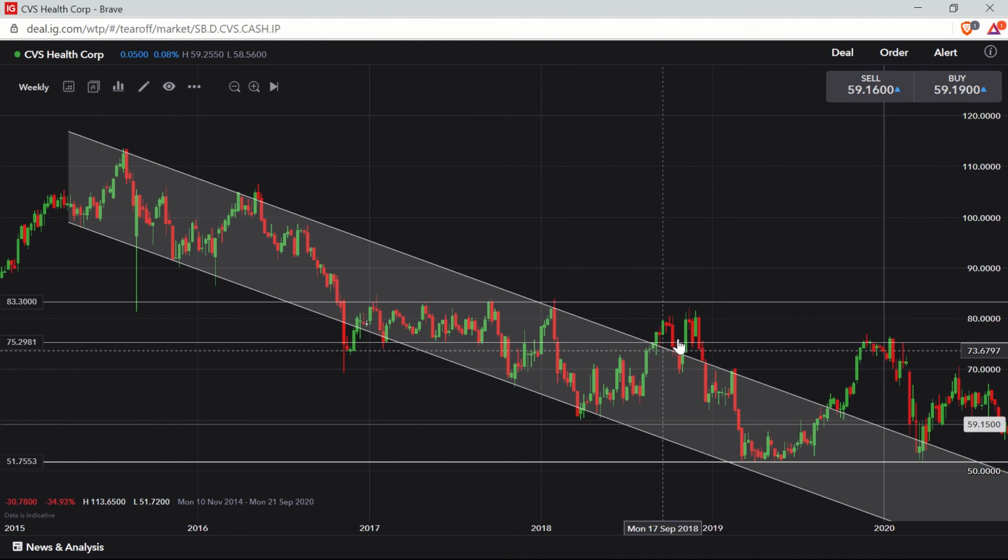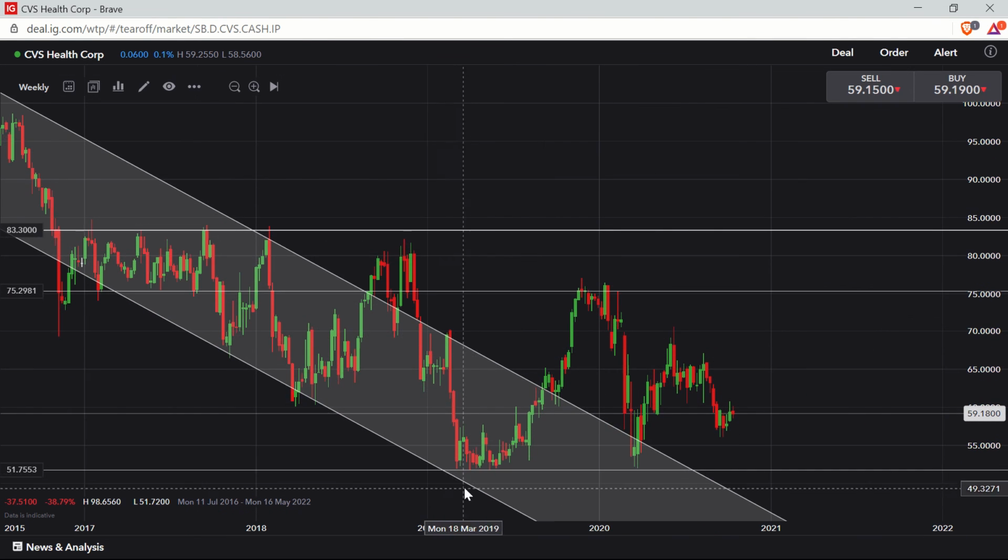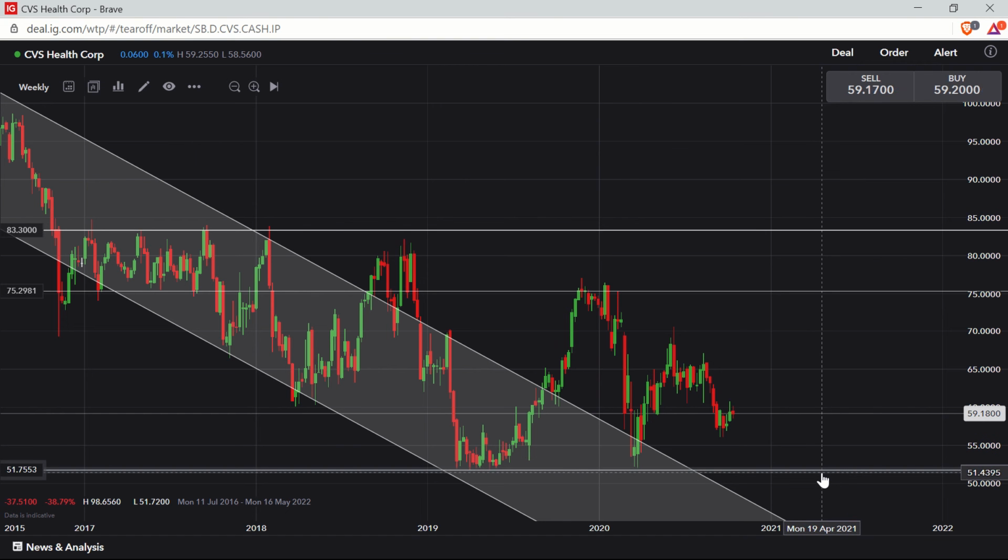And then over here in October 2018, that level looked fairly significant. So these lines, these psychological lines where people think there is some relevance, they can be important. And then down here we've got another, more recent support at around the 52 level, 51.7-ish.